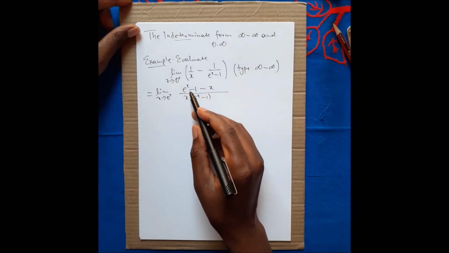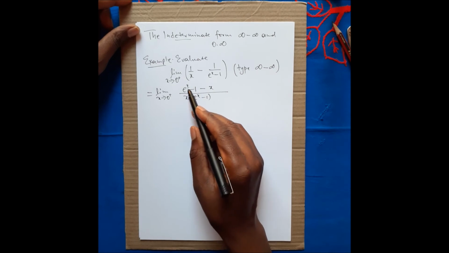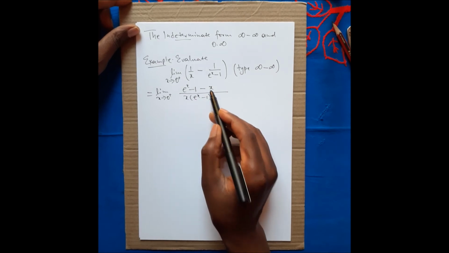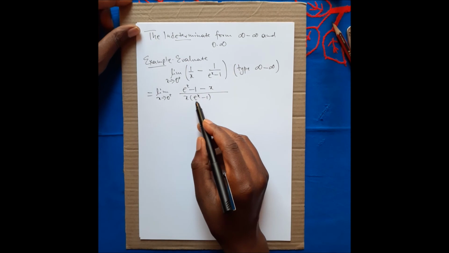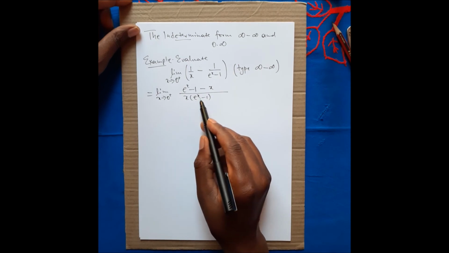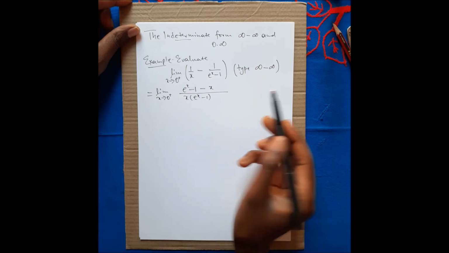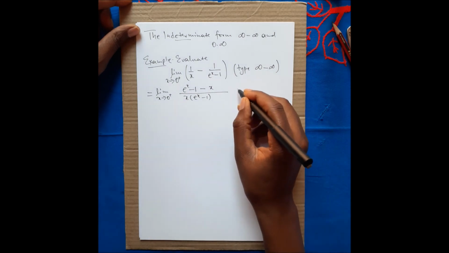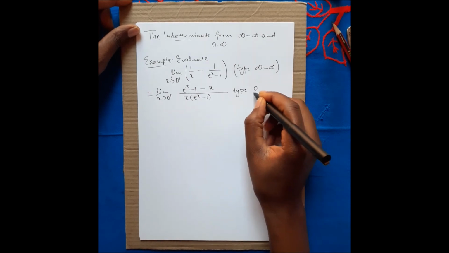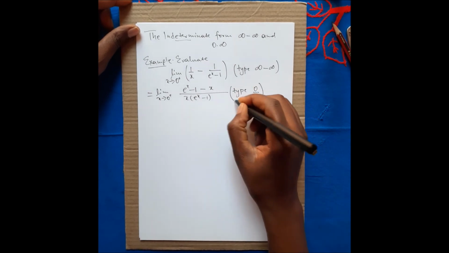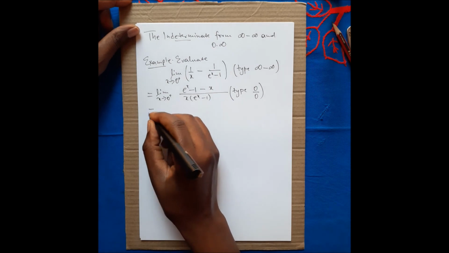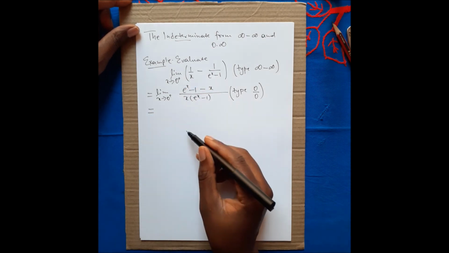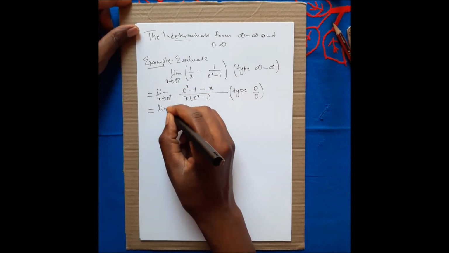When we substitute 0 again, this will be 1 minus 1, which is 0, and 0 times 0, which is 0 over 0. So this is type 0 over 0, and since we have type 0 over 0, we can apply L'Hopital's rule.